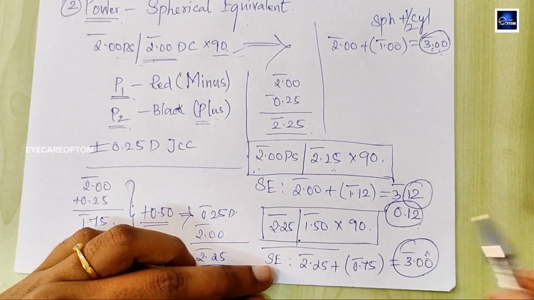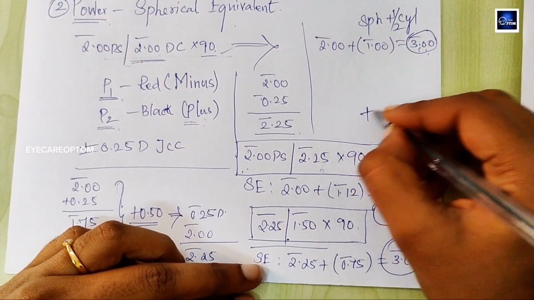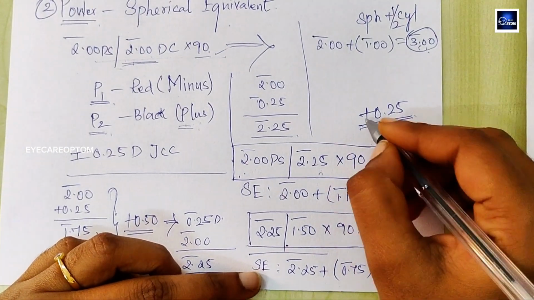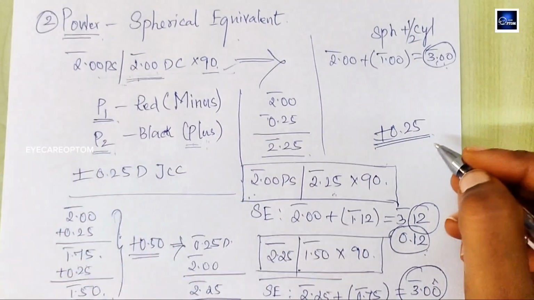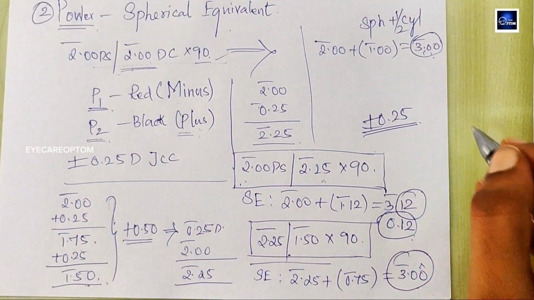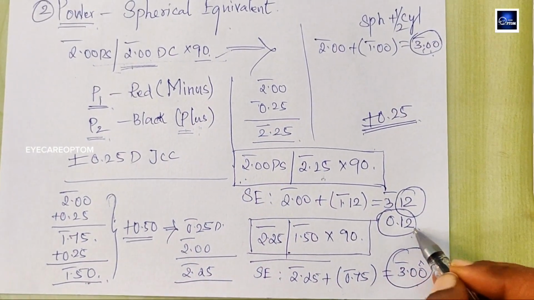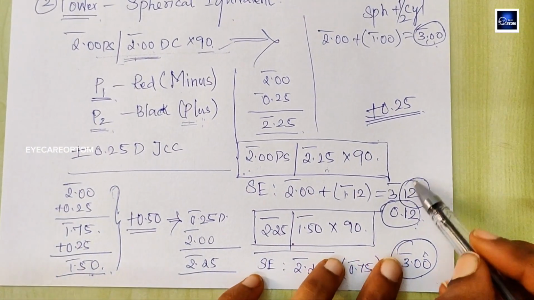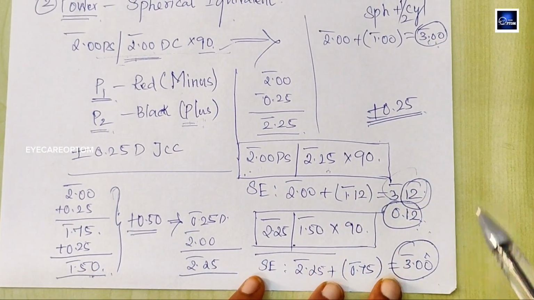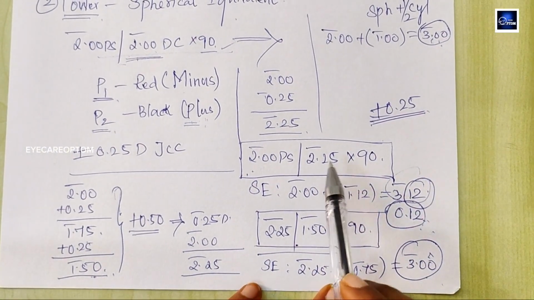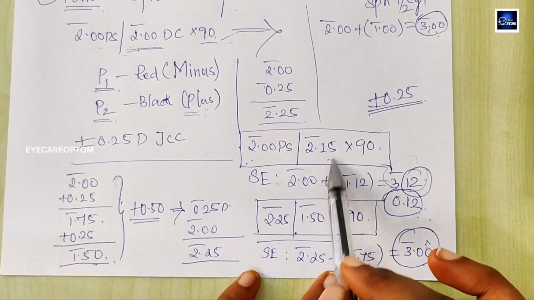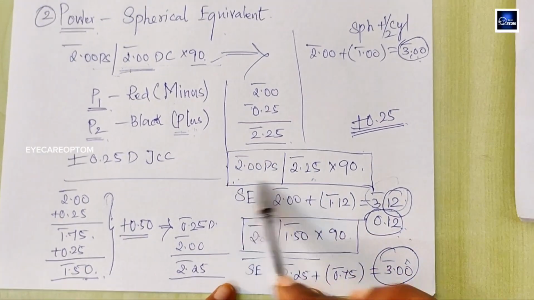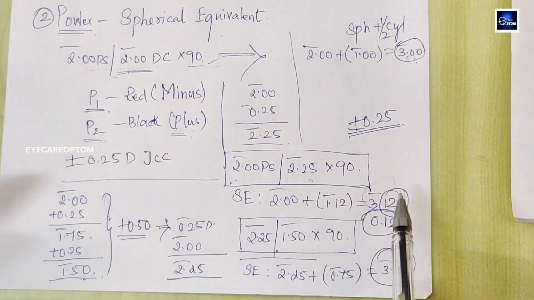But in a real refraction, we only have plus or minus 0.25 diopter steps to make any significant differences. So that means the 0.12 diopter won't make any big difference. So this means the spherical equivalent is maintained in this prescription. So when you are changing only 0.25 diopter in your cylinder, you don't need to worry about altering your sphere. That will stay the same.